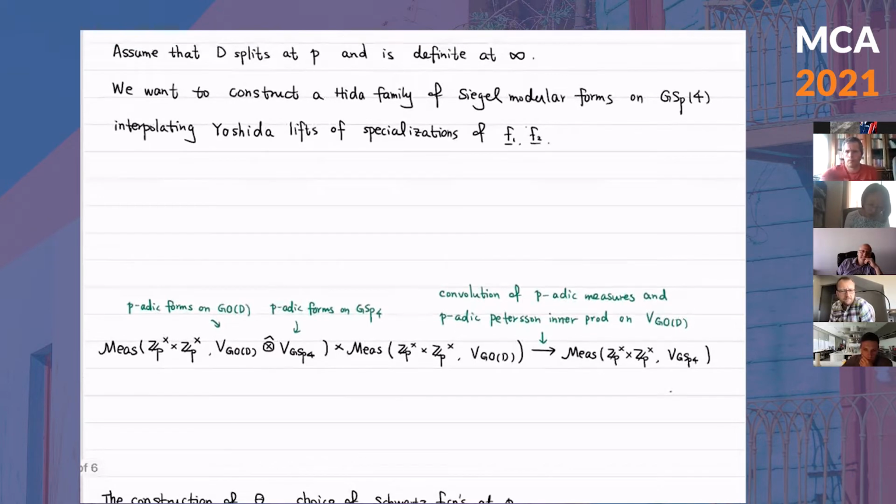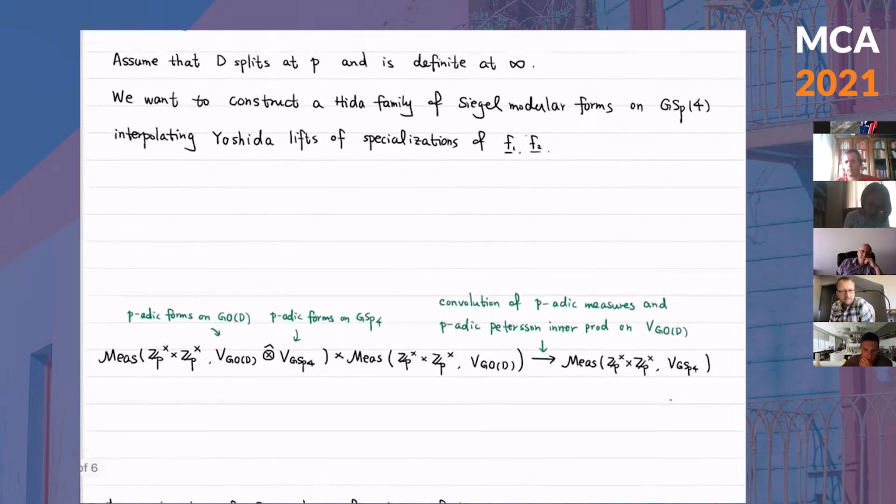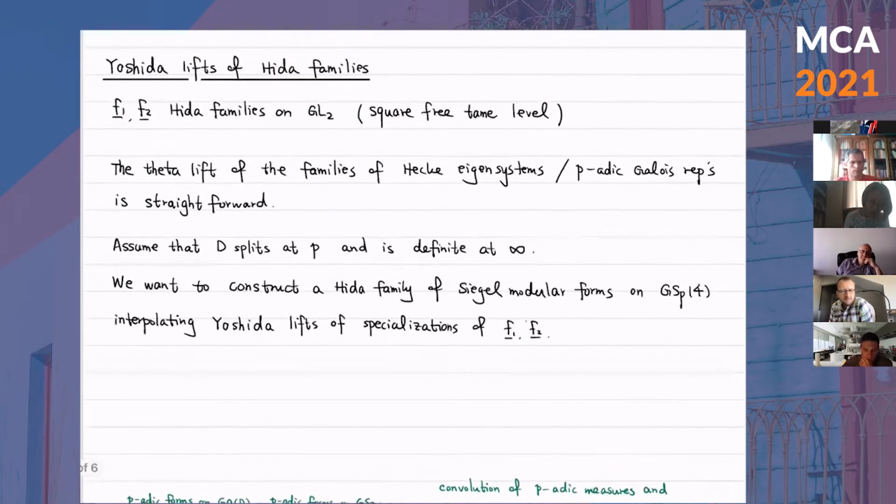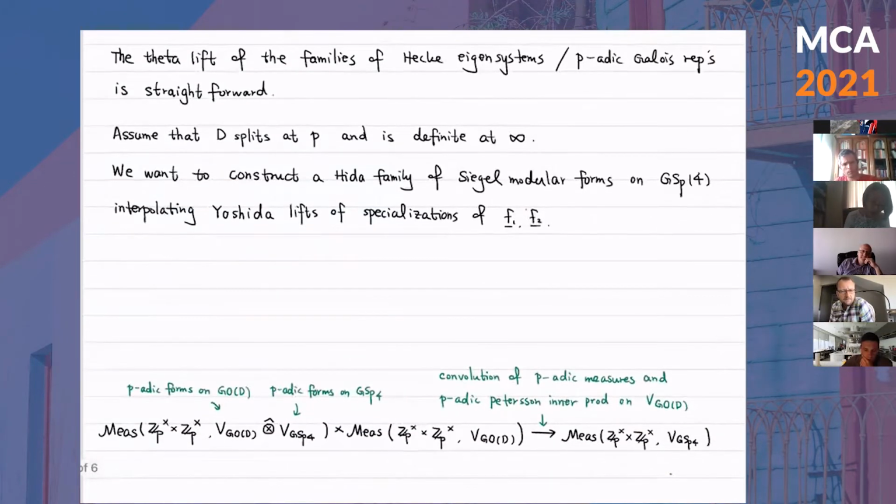By the definition of the Yoshida lift, actually the theta lift, we need a theta series, which is an automorphic form on the product of the orthogonal and symplectic groups. Then we pair it with the form on the orthogonal group to get a form on the symplectic group.